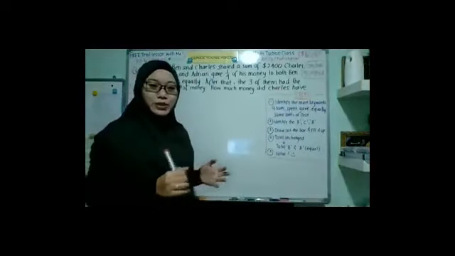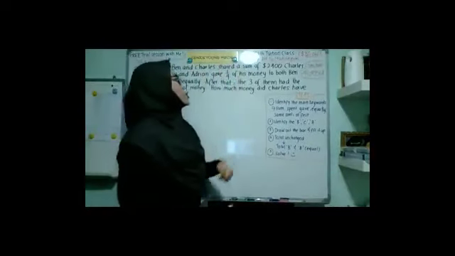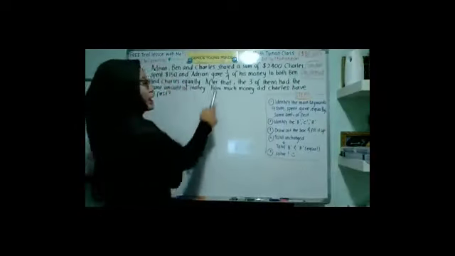Ready? Adrian, Ben, and Charles shared a sum of $2,400. Charles spent $150 and Adrian gave 1/4 of his money to both Ben and Charles equally. After that, the three of them had the same amount of money. How much money did Charles have at first?